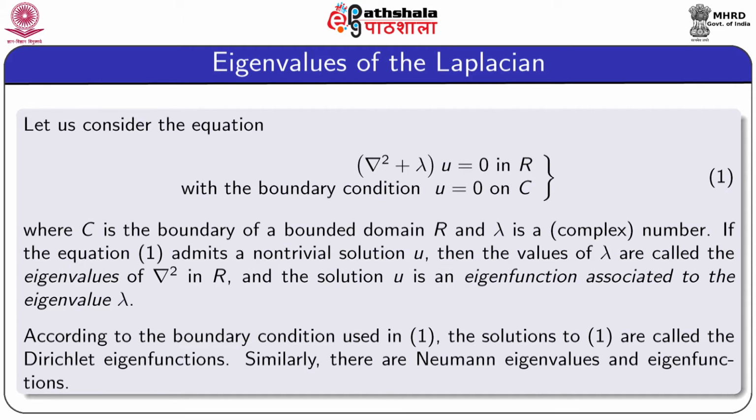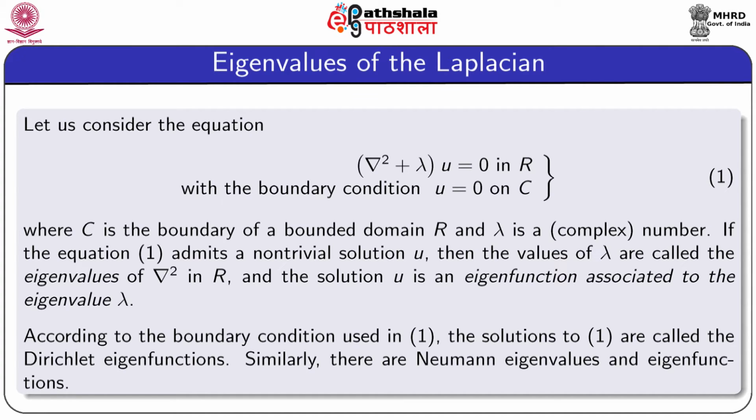Now apart from the trivial solution, there may exist some non-trivial solution u of the above system for some particular values of lambda, and those particular values of lambda are called eigenvalues of the Laplacian operator in the region capital R, and the solution u corresponding to a particular value of lambda is called the eigenfunction.